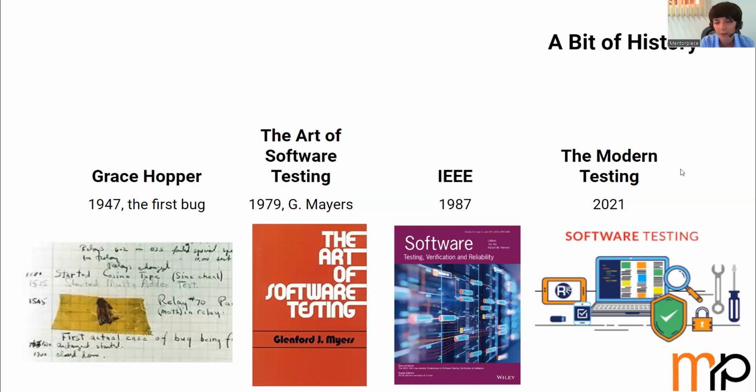But Glenford Myers said that it is not normal when programmers try to test their own programs, because it's like testing your own child, and you will wonder why your own child is bad. It is not normal for any human. That's why separate people, a separate profession, should test the programs written by the programmers.